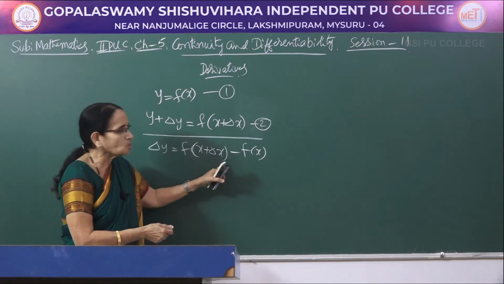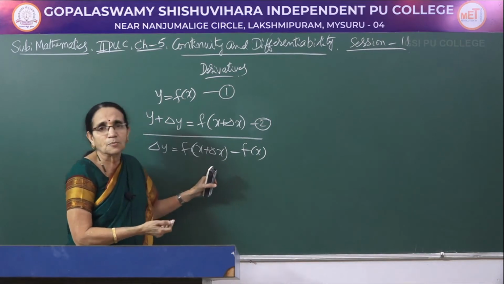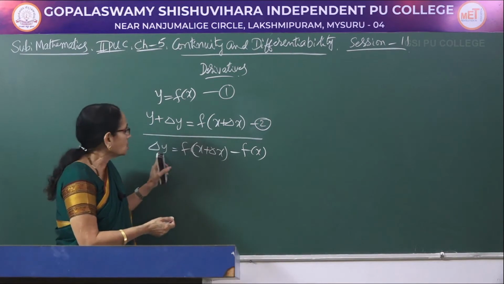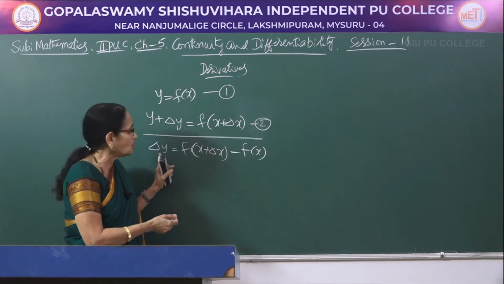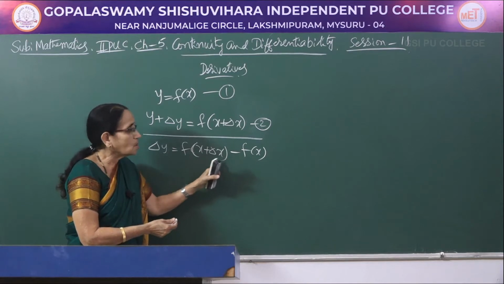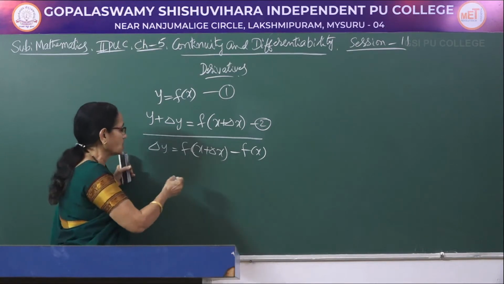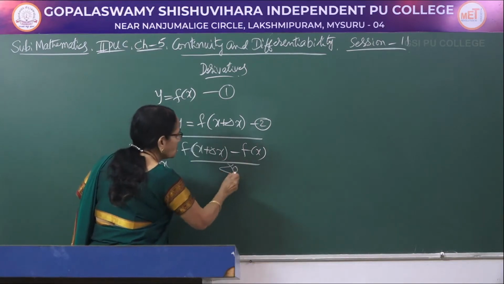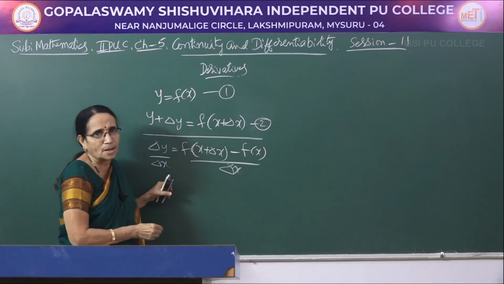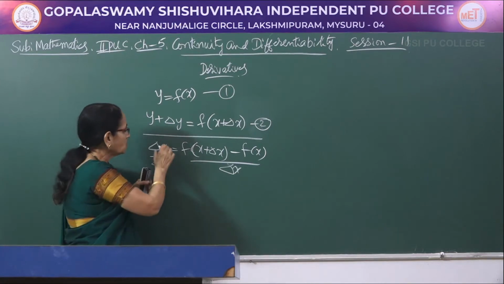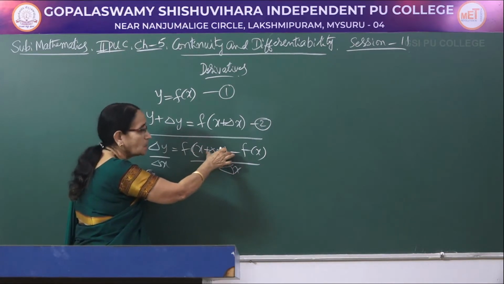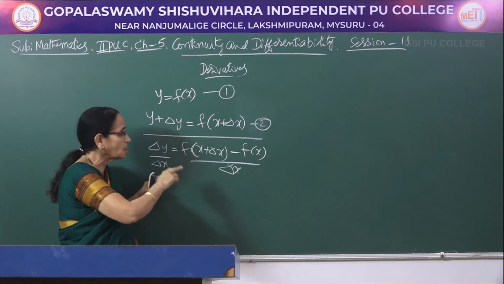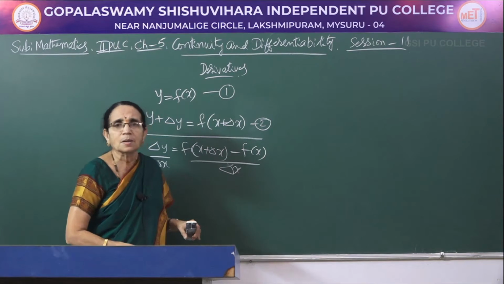Now here we can do simplification. Suppose it's an algebraic function, we can do some simplification; likewise trigonometric, logarithmic, whatever it may be. Delta y is the increase in the value of y, and this is the difference in the value of the function. Now divide both sides by delta x. Depending upon the function, you can do some simplification first, and after the simplification, you divide both sides by delta x.